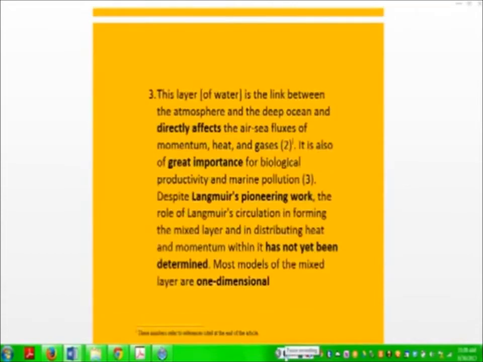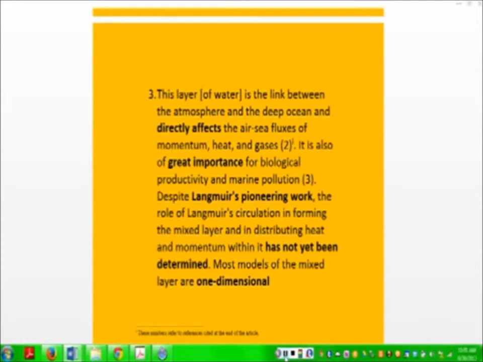In the third example, we can see some other ways of doing an evaluation of a research. So the first sentence, this layer of water is the link between the atmosphere and the deep ocean and directly affects the air fluxes of momentum, heat, and gases. And so directly affects is a positive evaluation, again, because the findings are important.